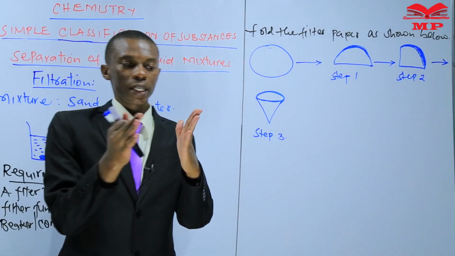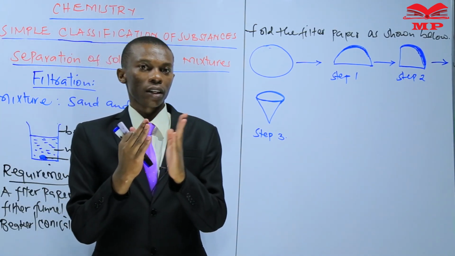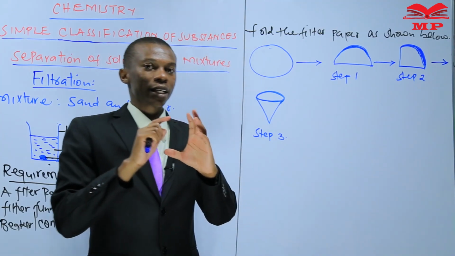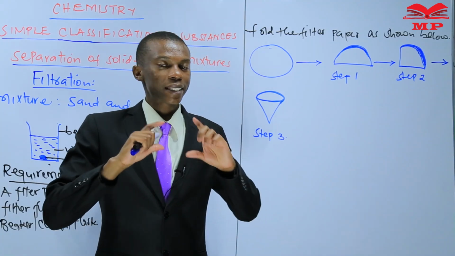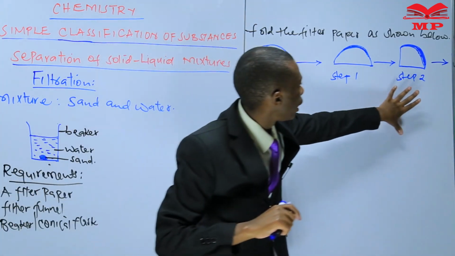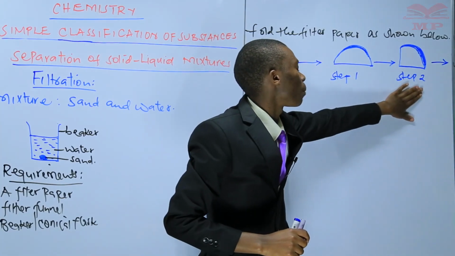Then you fold it in step 1 into 2 equal halves. Then you'll get a semicircle kind of shape. Then in the second step, you fold it again into this half, you fold it once again. Then you're going to obtain something like this.